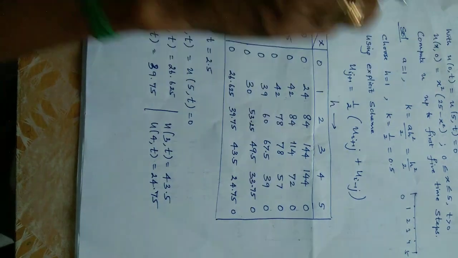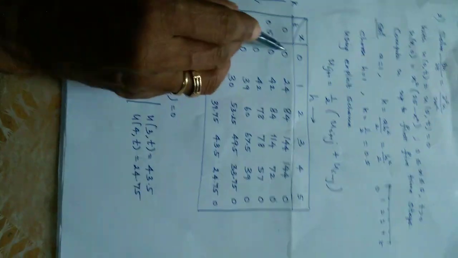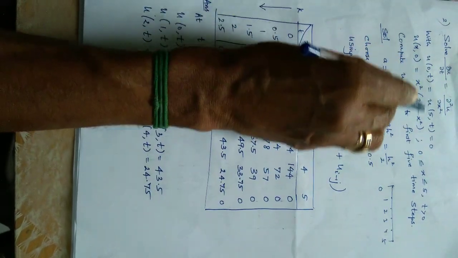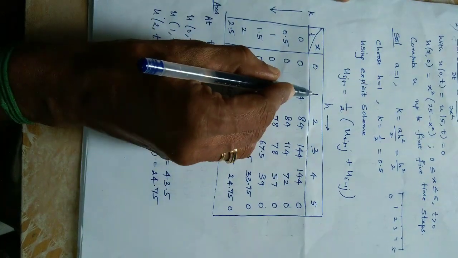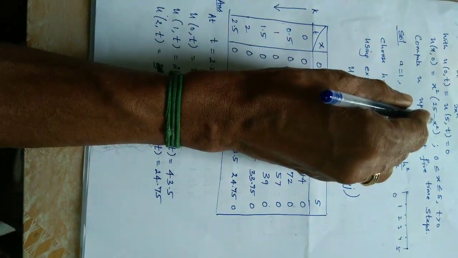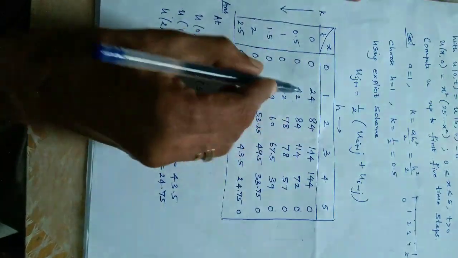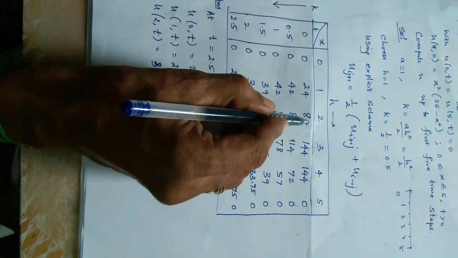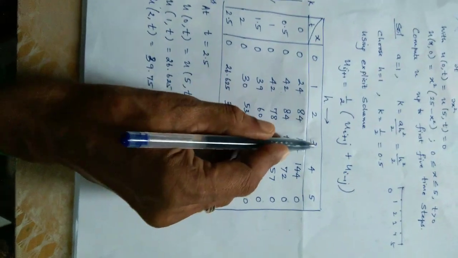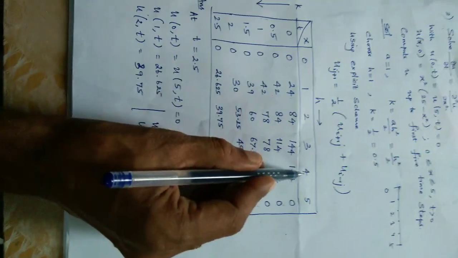Now the initial values from this condition I can deduce by setting x equal to 0. This value is 0. Now give x equal to 1: 25 minus 1, 24 into 1 squared, 24. Like that, put x equal to 2, you will get 84. Put x equal to 3, you will get 144. You can check. Put x equal to 4, again the value is duplicated.